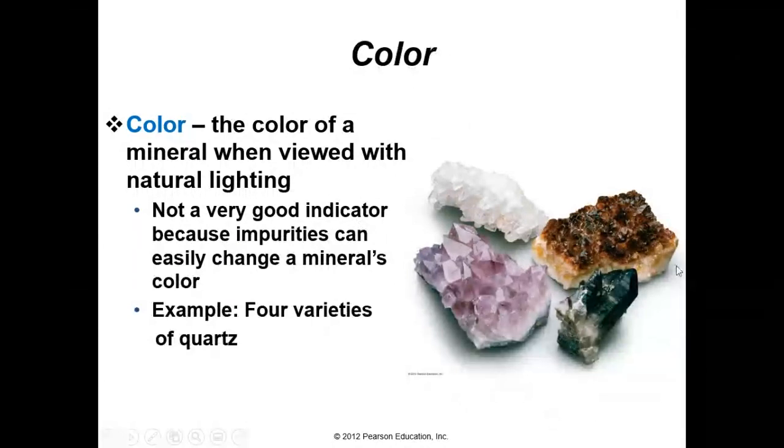So what you're seeing here is four samples of the mineral quartz. Quartz is basically pure silica. In its normal form, pure silica is colorless, or as you might want to call it white, but geologists refer to the color that appears white as colorless.